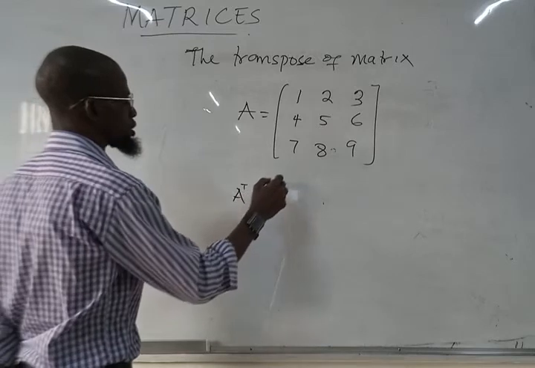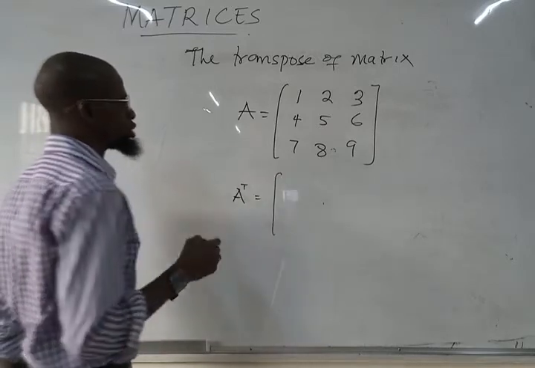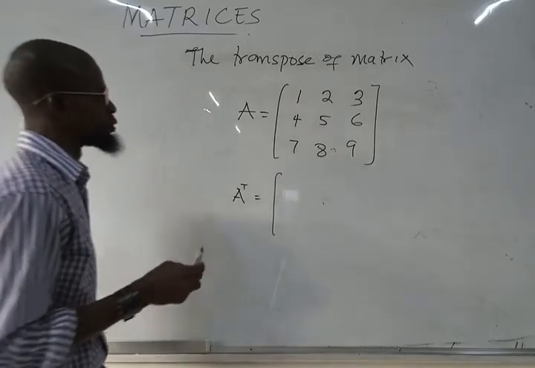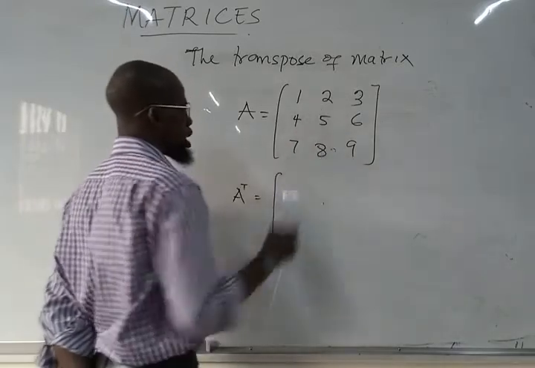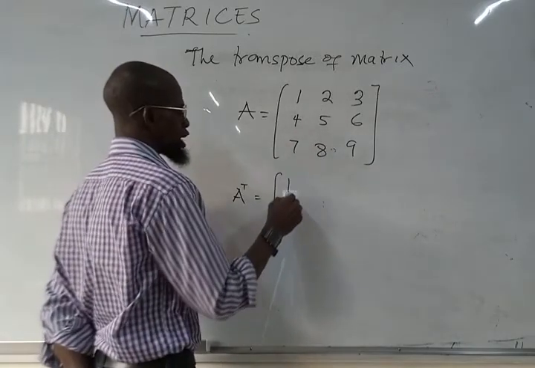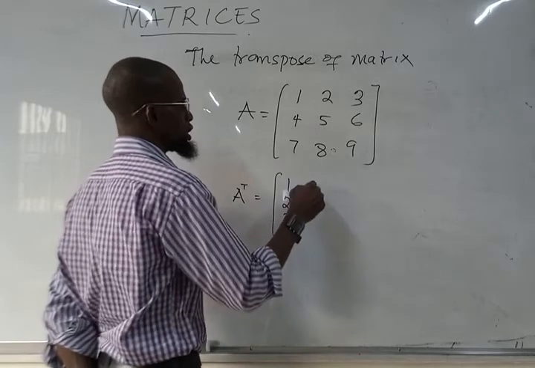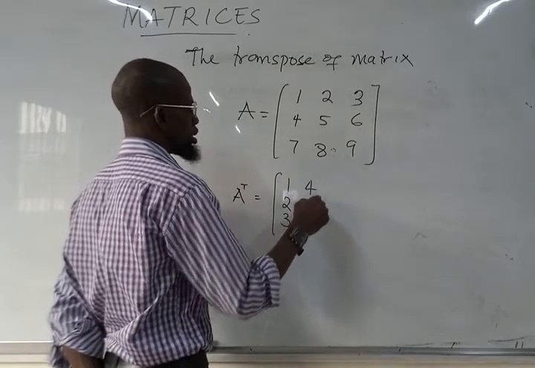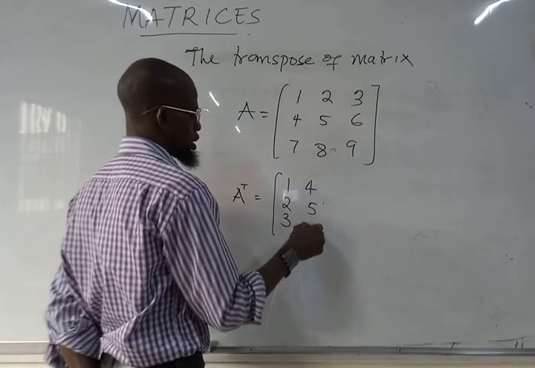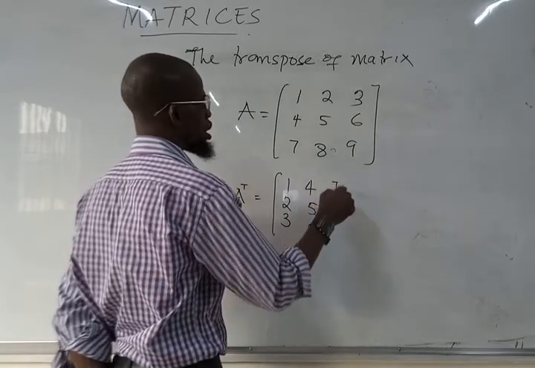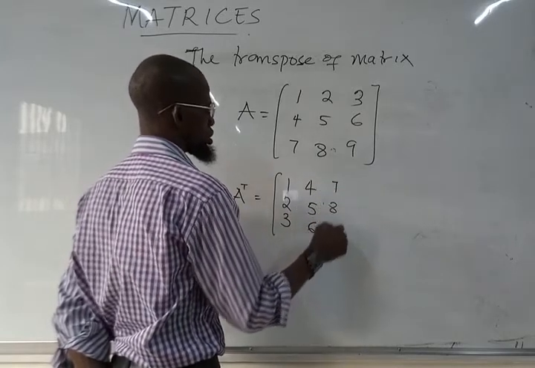I've told you that to find the transpose, the rows become the columns. So the first row will be the first column, the second row will be the second column, and the third row will form the third column.